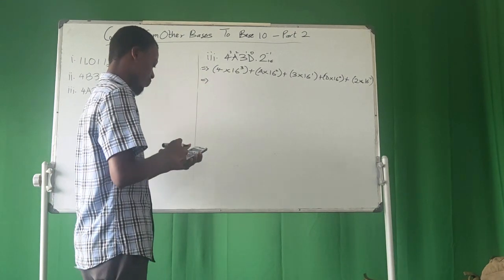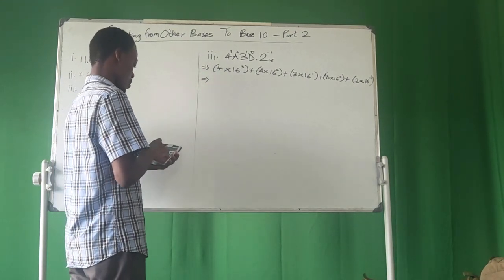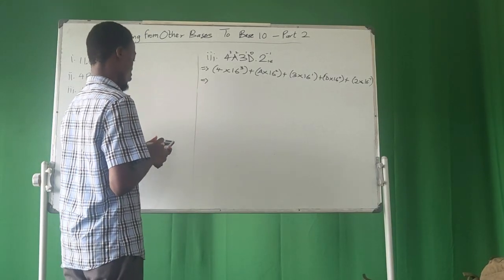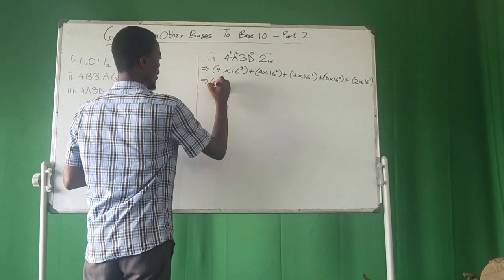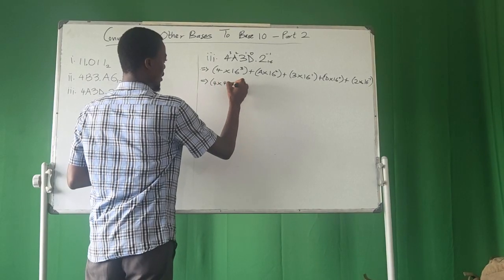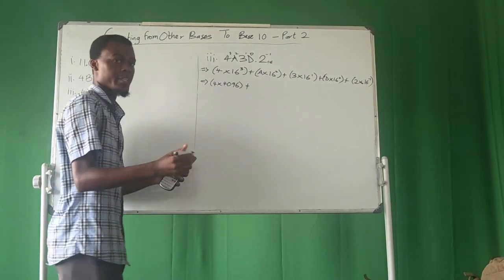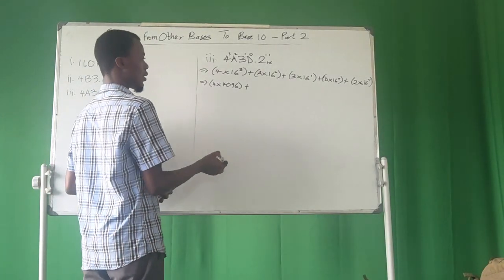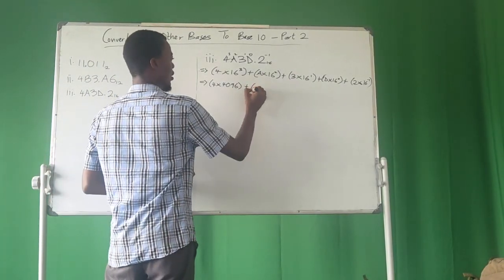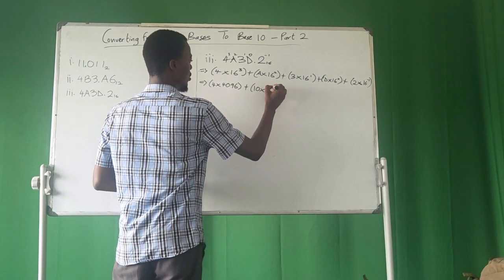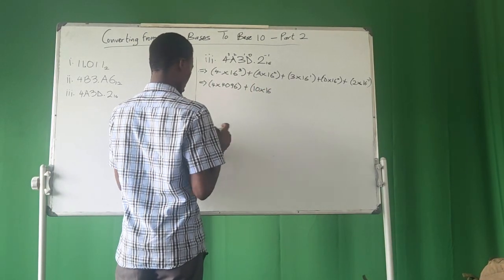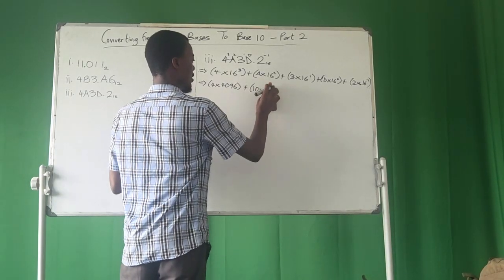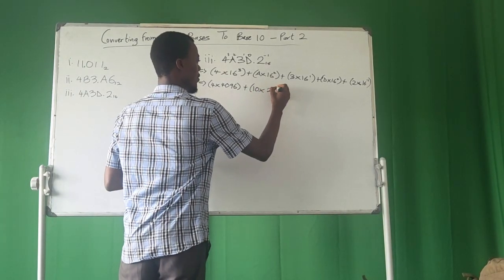So now, breaking it down, we have the first one, 4 times 4096. And this is A. A is base 10, which is the same as 10. And 16 squared is 256.